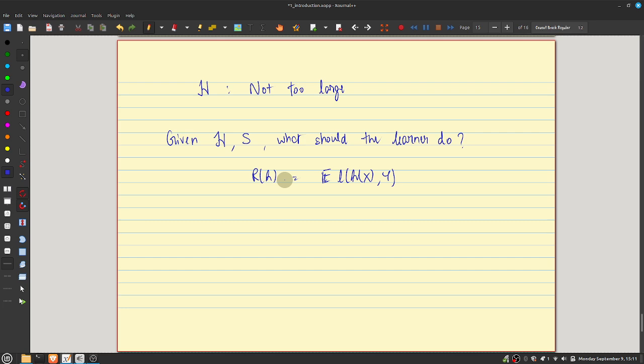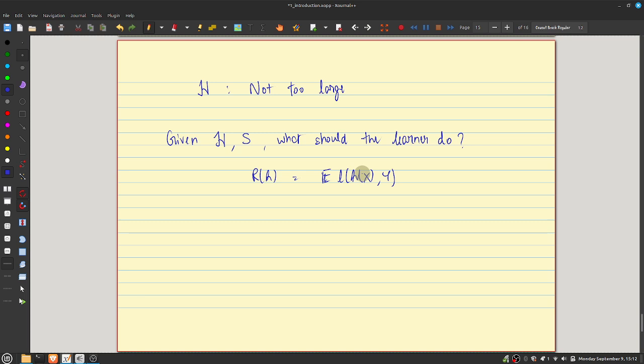What is the most natural thing to do? So the goal, of course, is to output a h for which this particular quantity is small, right? But this is over a new sample, an independent sample, which is statistically independent of the training set.